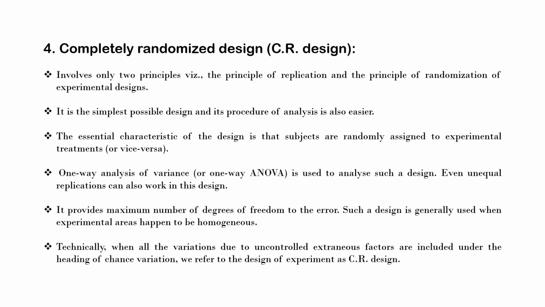Next is completely randomized design. It involves two principles, the principle of replication and the principle of randomization. In any population, when we randomly select, that is called a sample, and from that we divide them into groups.